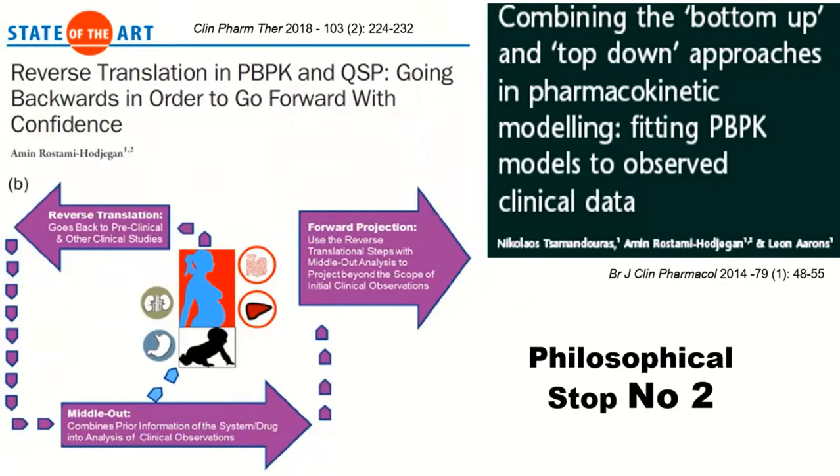In reality, we had already published in 2014 another piece together with my colleague, Professor Leon Arons, and one of our PhD students at the time, Nikos Samandouras, in the British Journal of Clinical Pharmacology, where we argued that we should not put bottom-up modeling against top-down, but we should actually combine those. That's the reason that for the first time we basically put bottom-up and top-down approaches together, as opposed to what people were debating at the time, putting top-down versus bottom-up modeling.